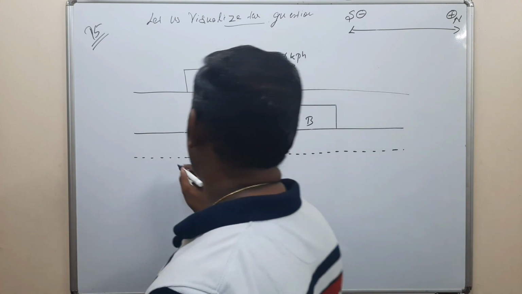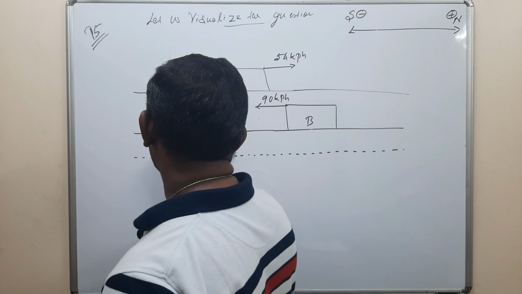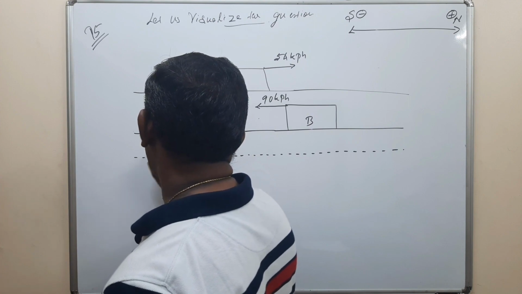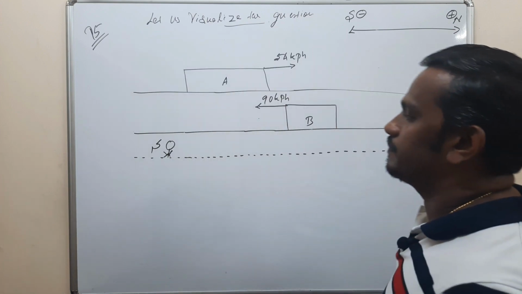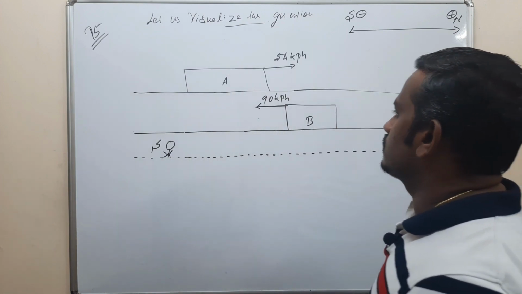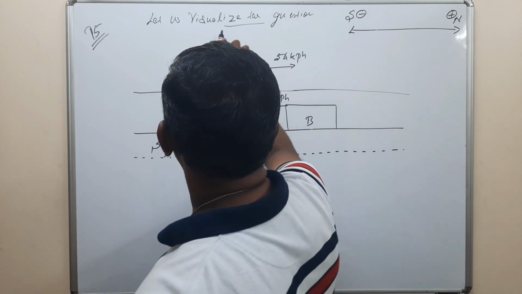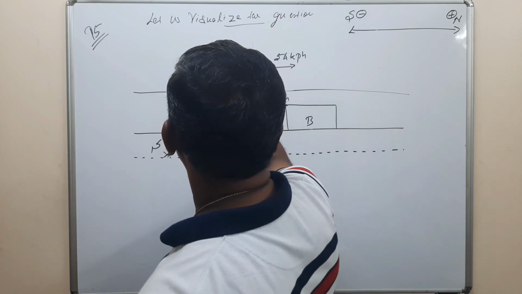This is the platform. There is one observer. And there is a monkey on the top of train A.